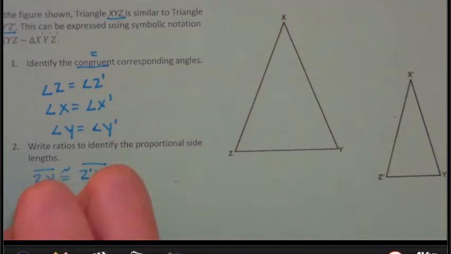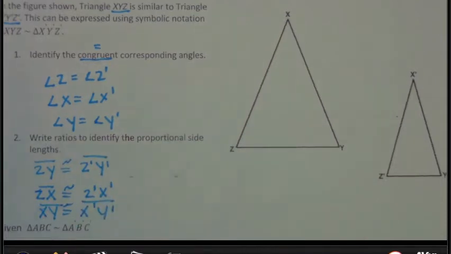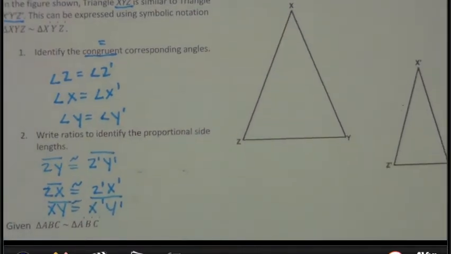Then we have Z to X is proportional to Z prime, X prime. Write ratios to identify the proportion. Let's go ahead and finish it. All right. X to Y is proportional to X prime, Y prime. All right, all we did was just identify those different things.